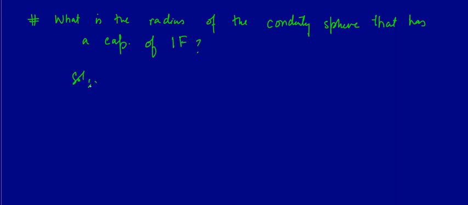So we know the capacitance of a sphere is given by this formula, that is r divided by k. So r is equal to k times C. So we want to find out what's the radius of that sphere, which gives a capacitance of 1 farad.